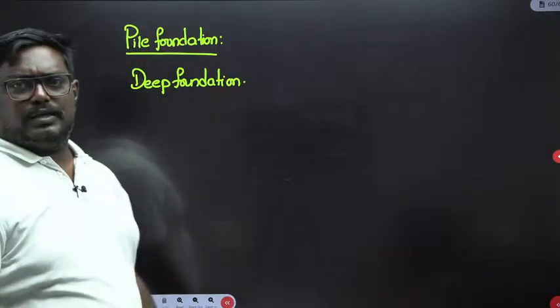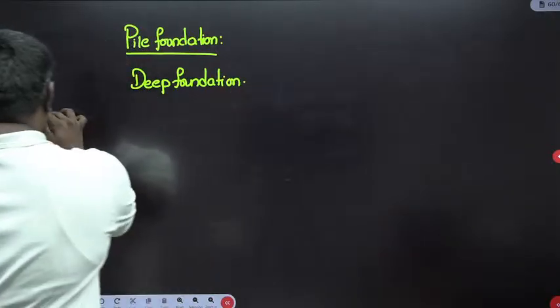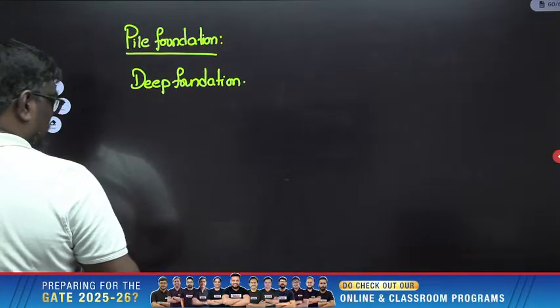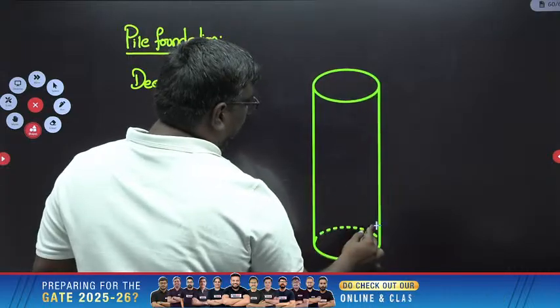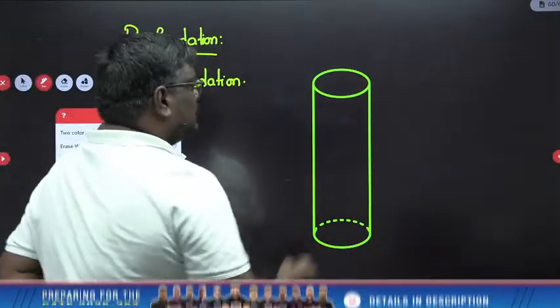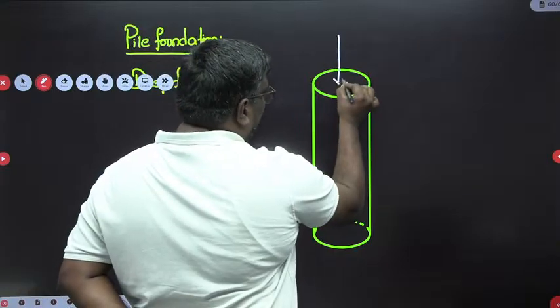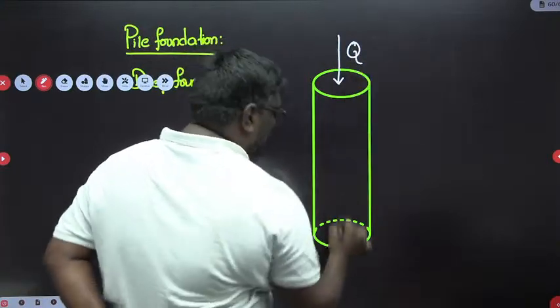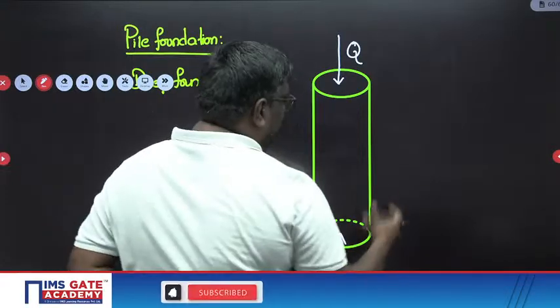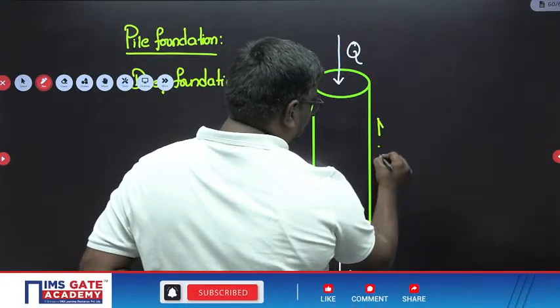Now if I consider a pile here, and consider Q as the ultimate load, we have another load QB, and we have this load as QS, suppose.